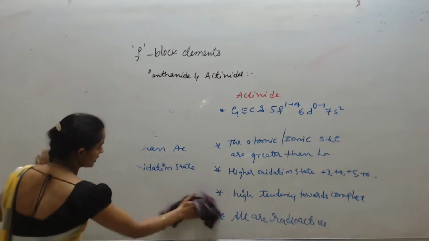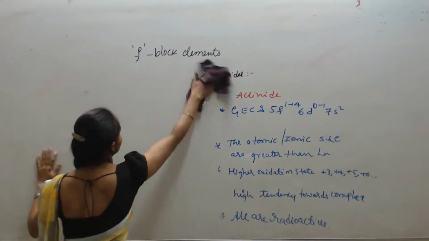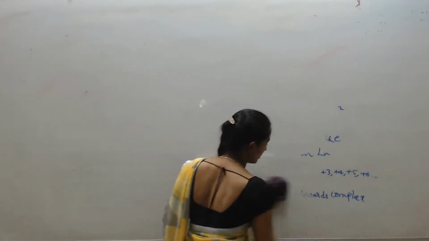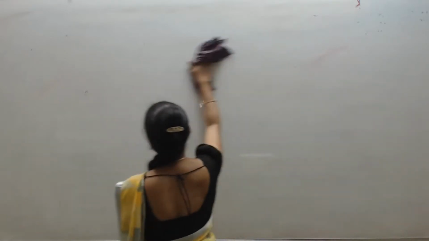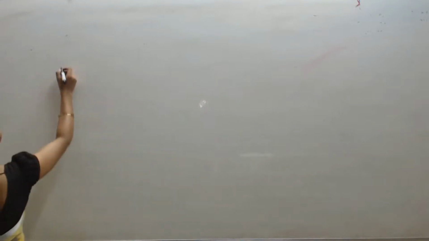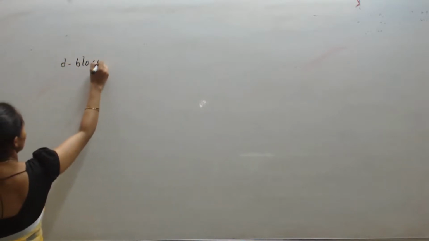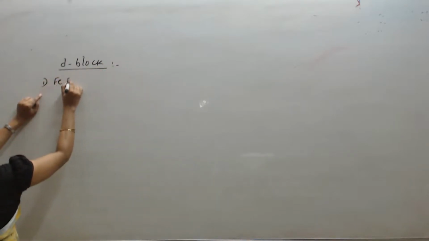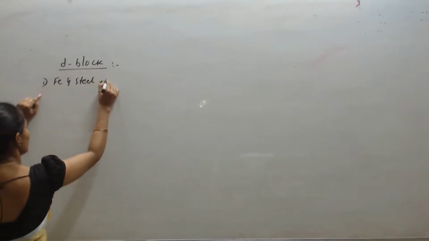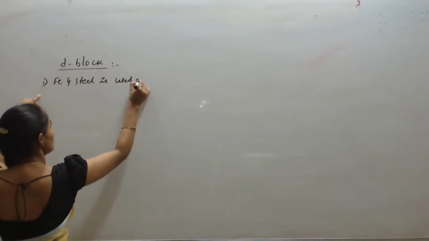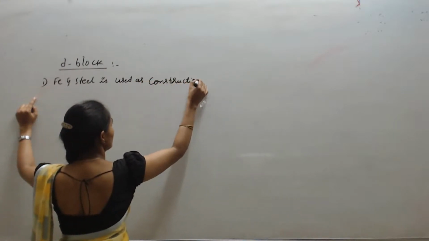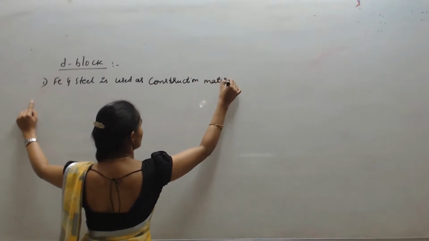Uses are also important. So I write first uses of d block elements. The first use, iron and steel are used as construction materials.